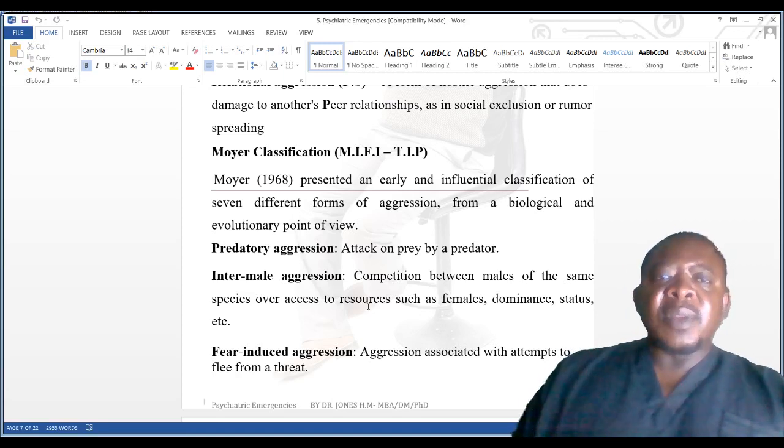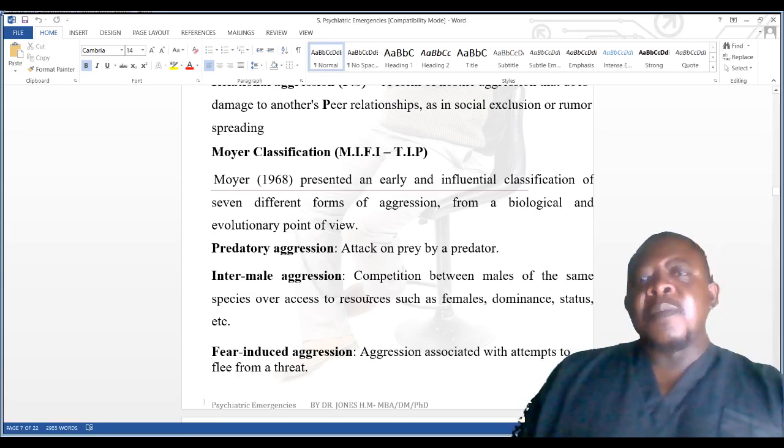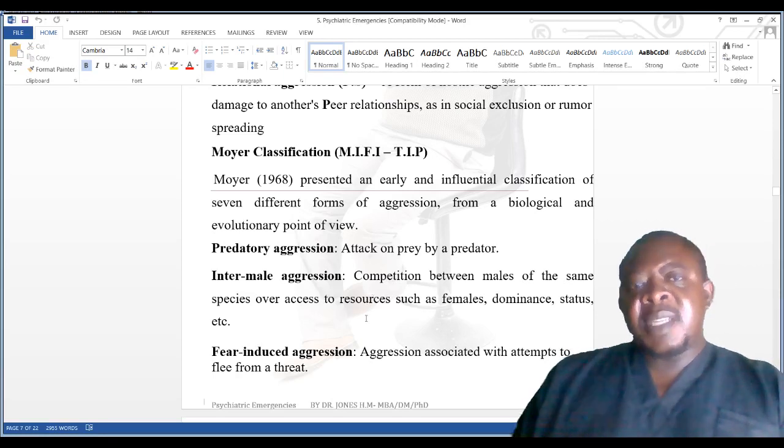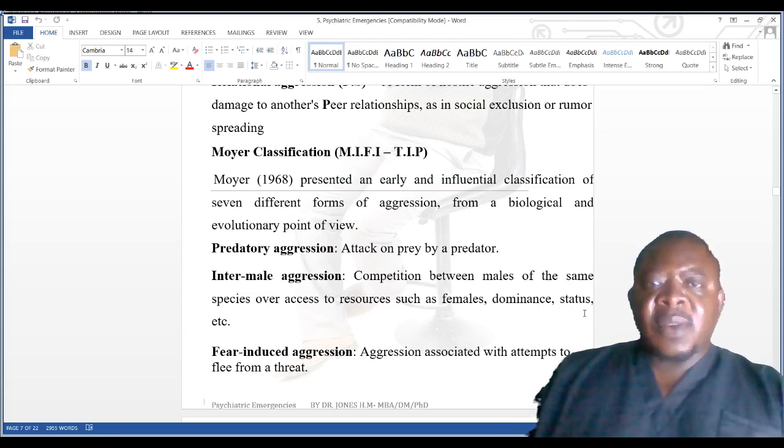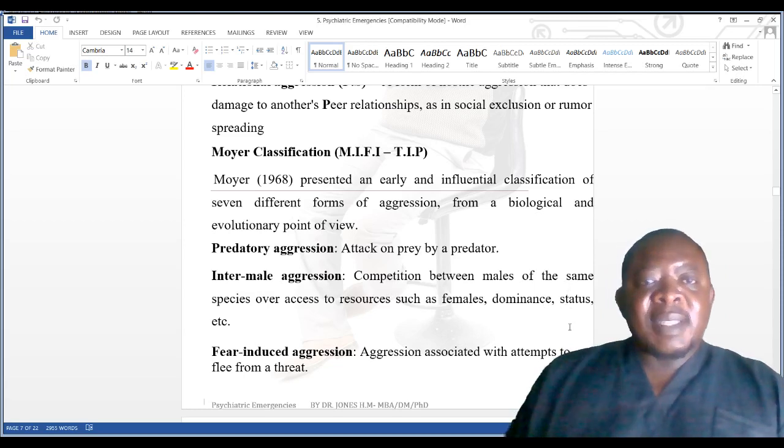Intermale aggression is competition between males of the same species over resources such as females, dominance, and status quo.